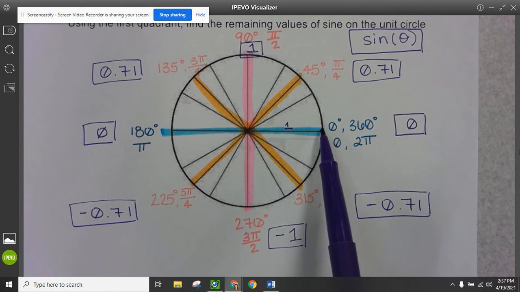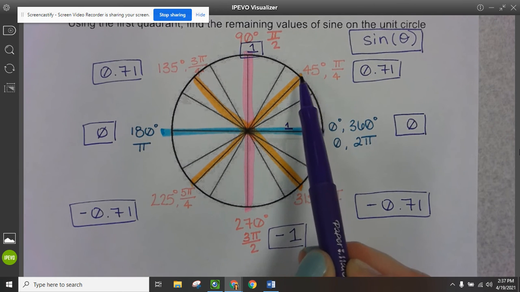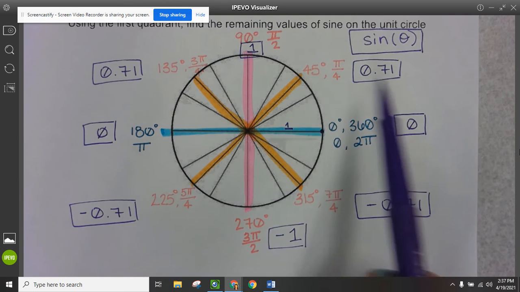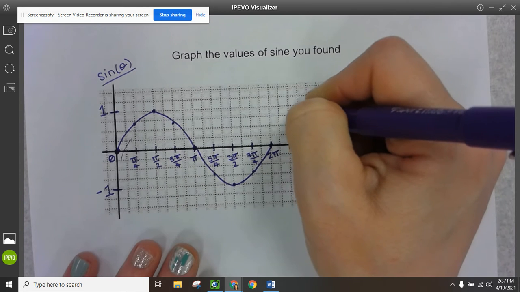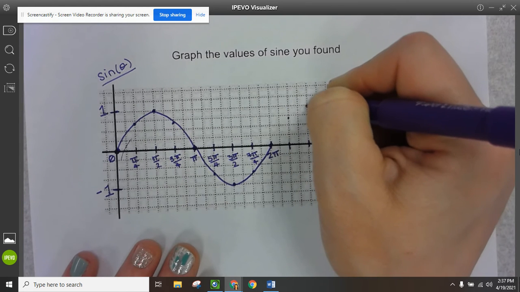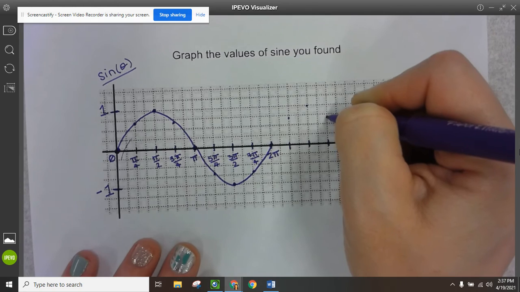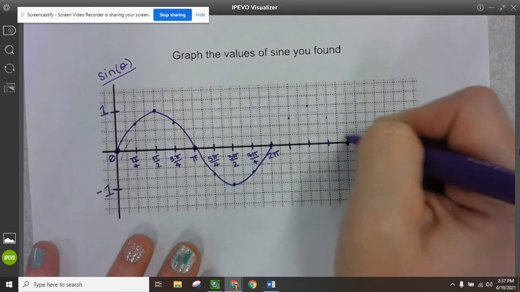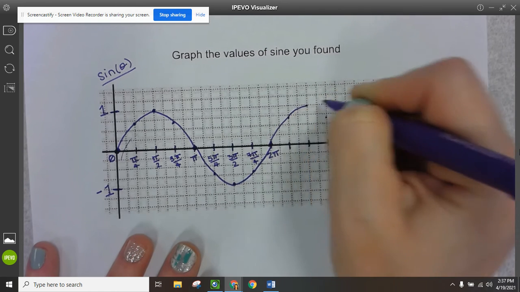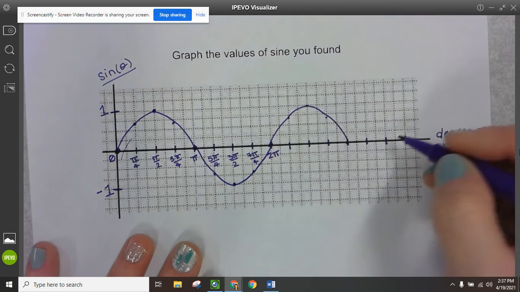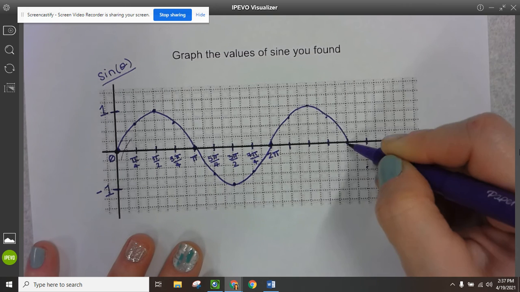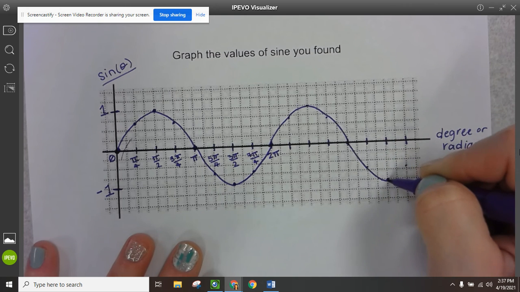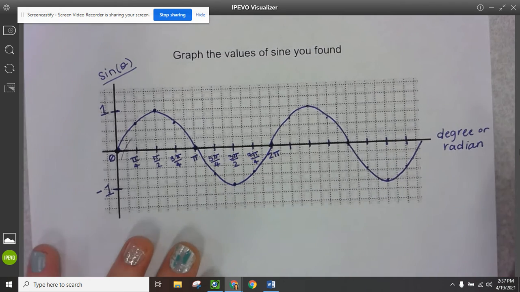But the next time I went to my next 45-degree angle mark, it's going to be 0.71 again. So these values are going to repeat. So I end up getting this curve over and over and over again that's repeated. Oh, I don't have enough room to finish, but you get the idea.